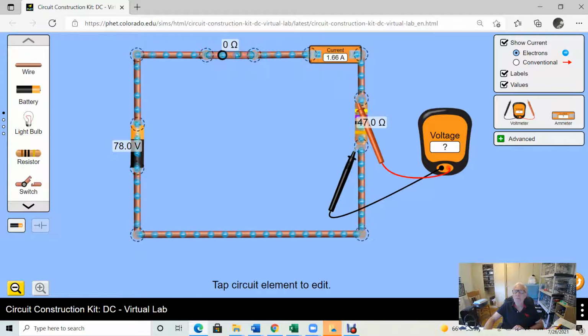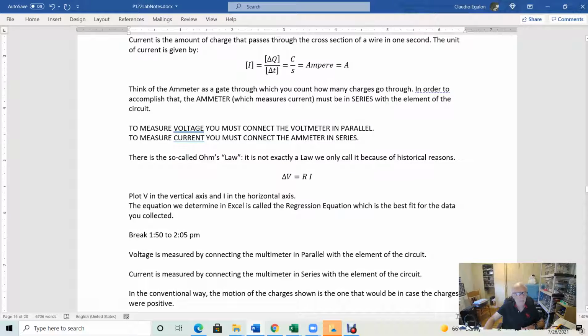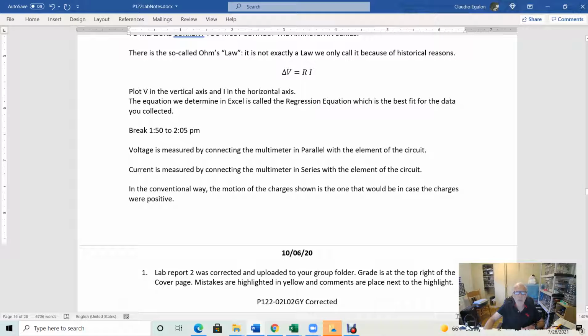Okay, so let's put that in here in the notes. In the conventional way, the motion of charge shown is the one that would be in case the charges were positive. The current were due to the motion of positive charges. In reality, this is not the case.